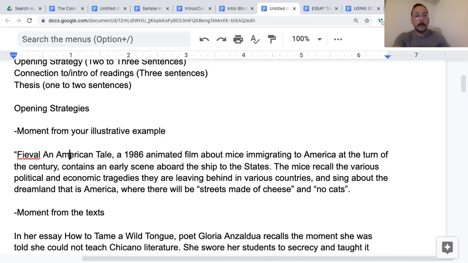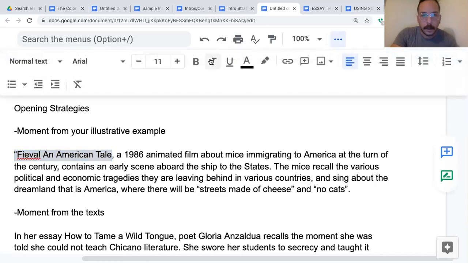So, a moment from your illustrative example. I chose Fievel, An American Tail, which should be italicized, bad teacher, because it is the title of a film.